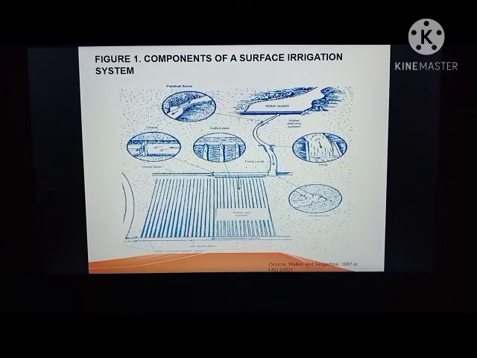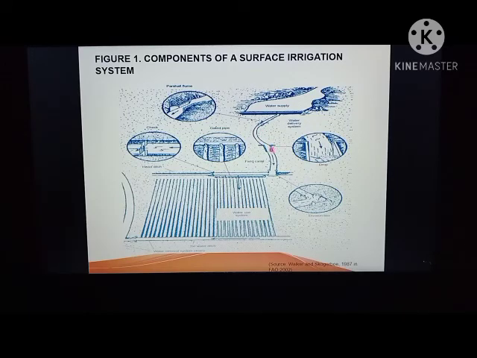These are the components of the surface irrigation. Here we have the water source, and this is the partial flume that will narrow the irrigation.